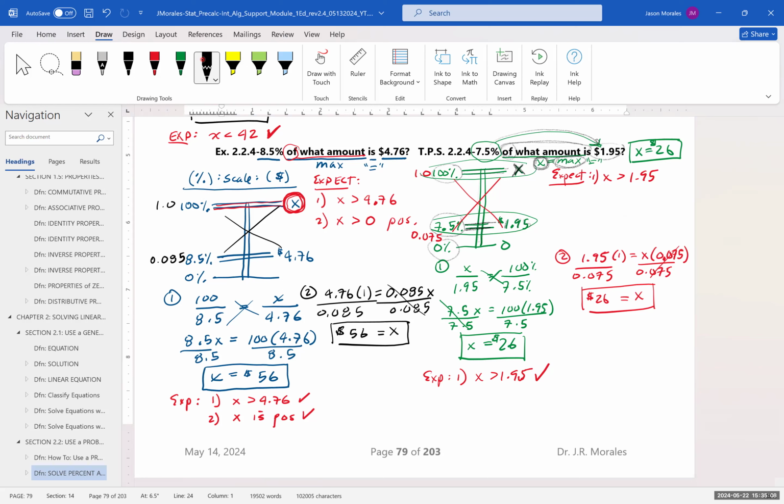All right, so when we try to solve this and set up an equivalence of ratios, we can say that x is equal to 100%, and $1.95 is equal to 7.5%.